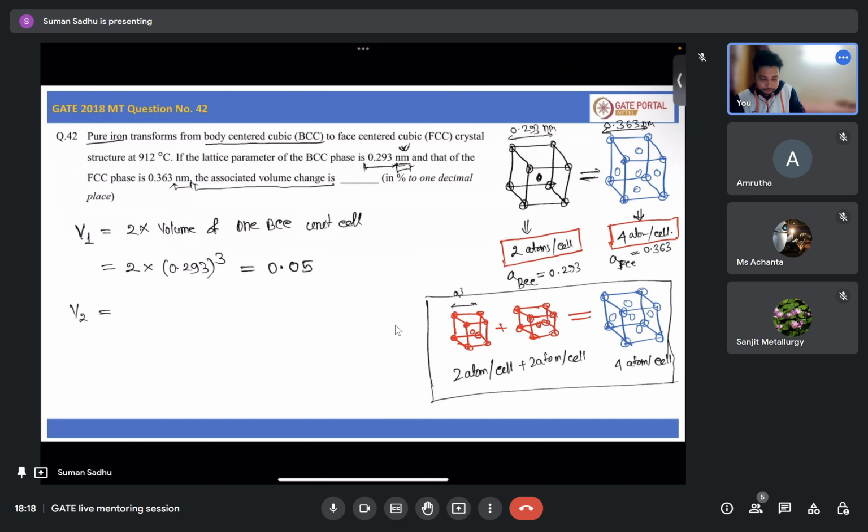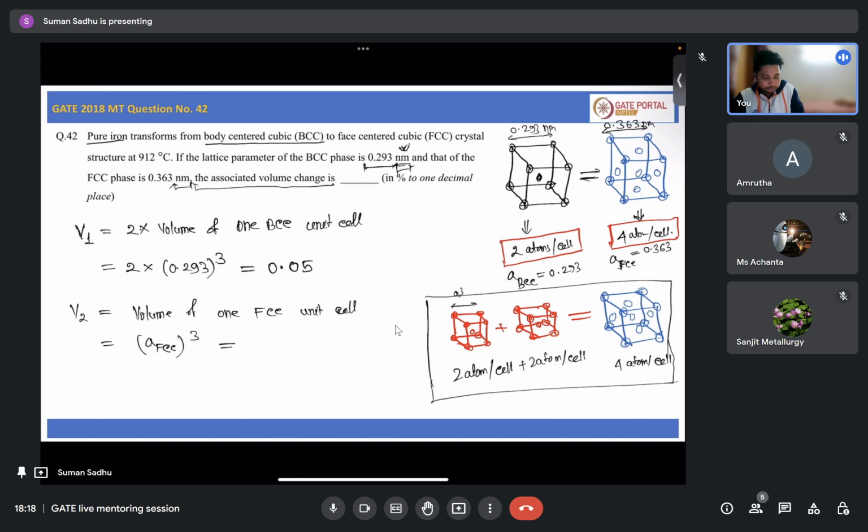V2, that will be the volume of one FCC unit cell, right? Because two BCC are transforming into one FCC. So in this case, what will be your volume? Simply the lattice parameter of FCC whole cube.